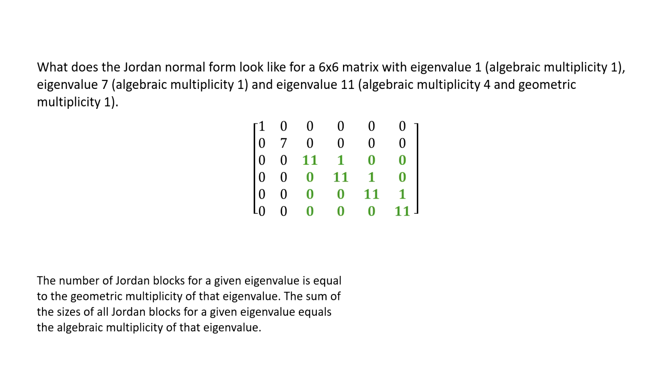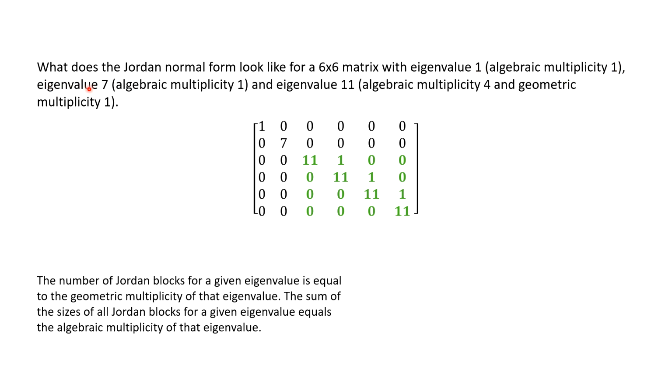I want to conclude this lesson with a couple of examples on the Jordan normal form. What does the Jordan normal form look like for a 6 by 6 matrix, which we're not given, but we're given that it has an eigenvalue 1 with algebraic multiplicity 1, and since the geometric multiplicity is less than or equal to the algebraic multiplicity, the geometric multiplicity would be 1 also for this eigenvalue.